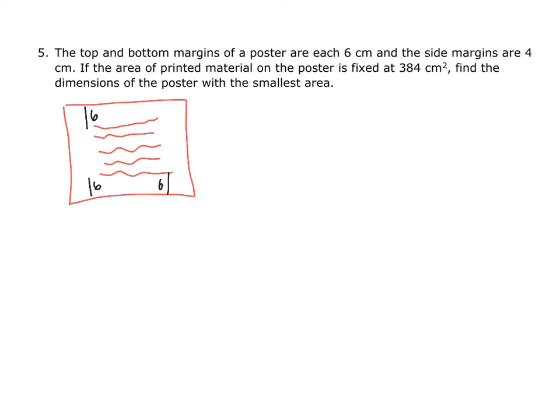And my sides are 4. The area of printed material is fixed at 384. So that's my X and my Y. So 384 equals X times Y. Find the dimensions of the poster with the smallest area.